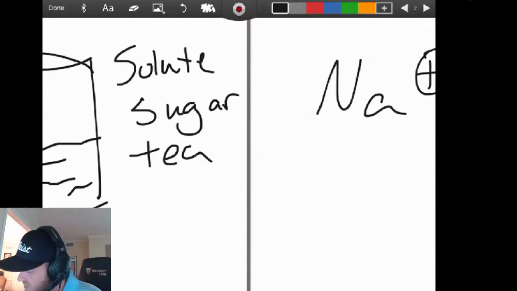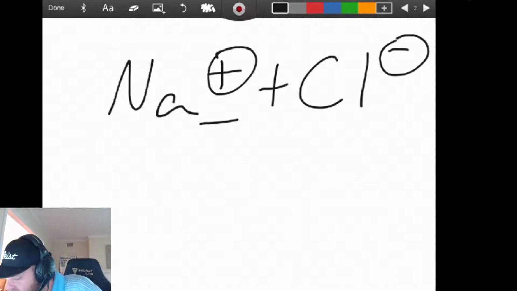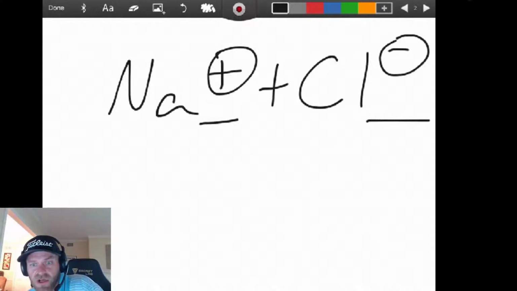Salts. A salt is anything that combines two ions. Remember, an ion is something that exhibits a charge when it's in solution. A good rule of thumb that I like to keep up with is just pay attention to which side of the periodic table it's on.